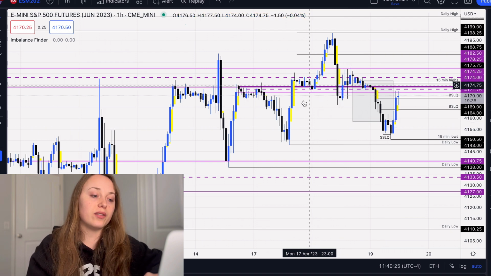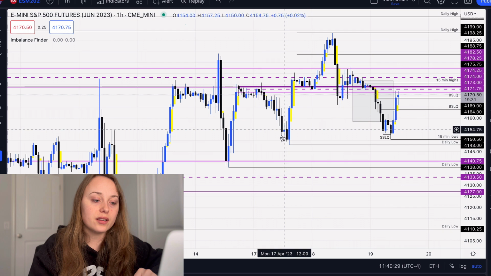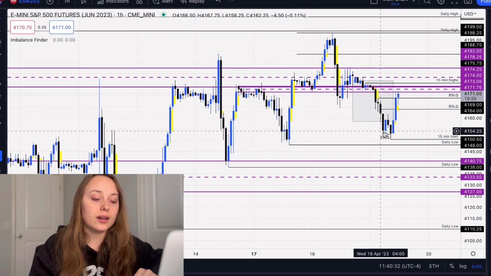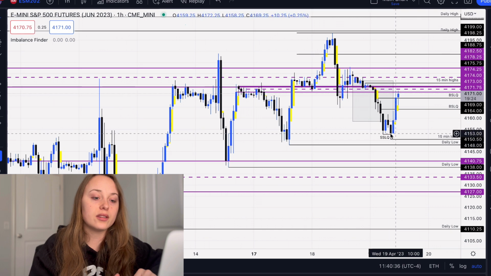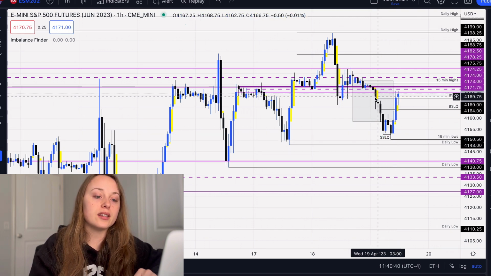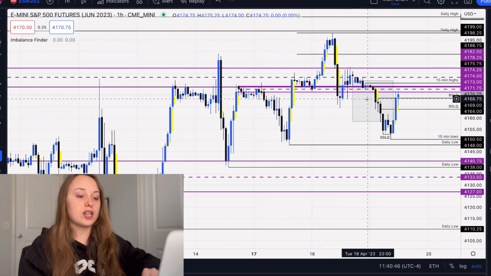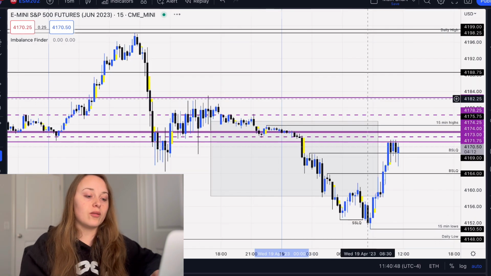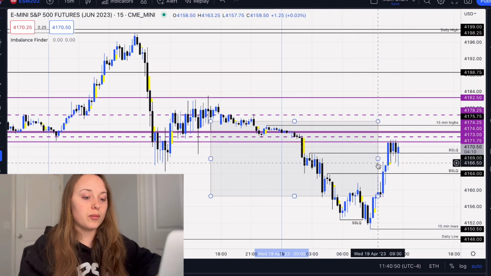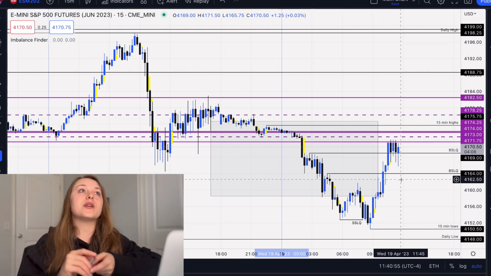It came down, filled in all this imbalance, hit off of this 1 hour order block right here, came back down, taking out these lows at 8:30. And then buying up into this 1 hour FVG and closing in this 15 or this opening range gap. So when I'm looking at opening range gaps, I mark them out as black squares just because I color code all my squares.